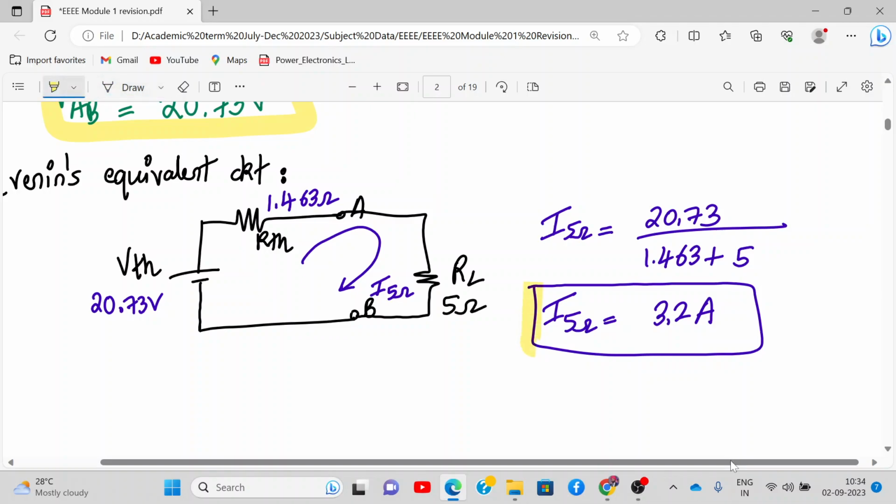Please cross check this. So actually, solving with Thevenin's theorem is about breaking a complex circuit into a simpler network of VTH and RTH, and hence finding current flowing through the load resistance. RL is the load resistance.